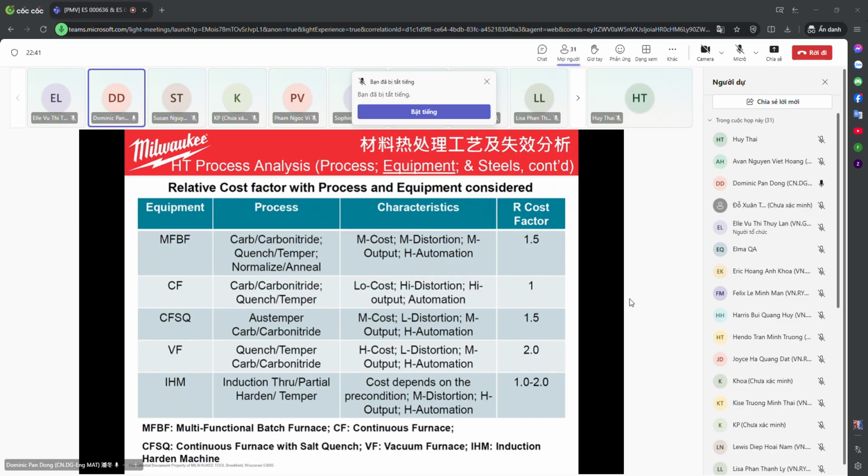That means you can heat treat more than thousands of pieces of parts together. So again, lowest cost for the continuous mesh furnace, highest cost for the vacuum furnace, and of course, still quite high cost for the multifunctional batch furnace and induction hardening machine.